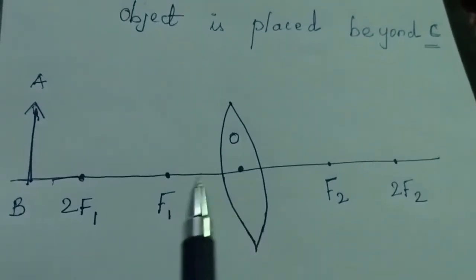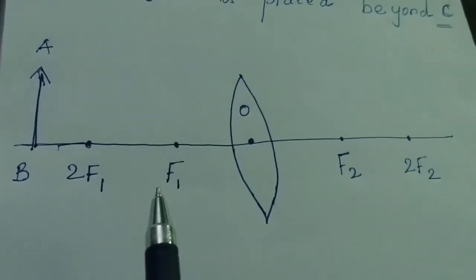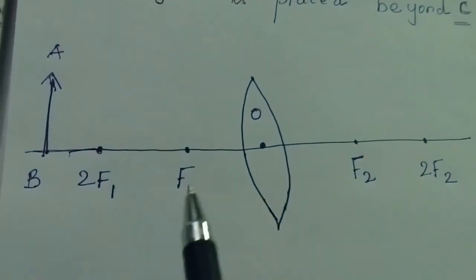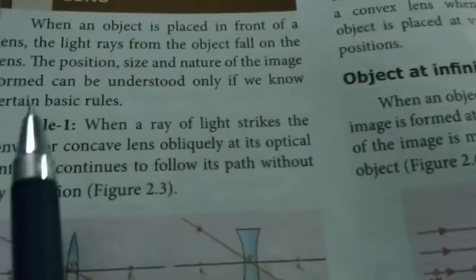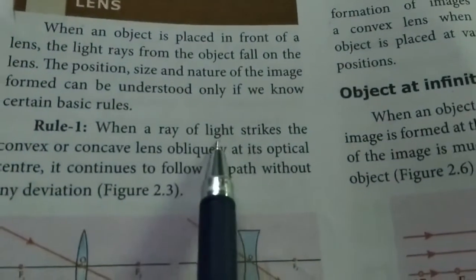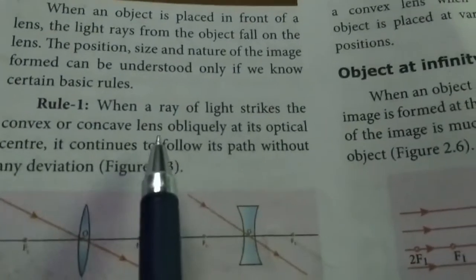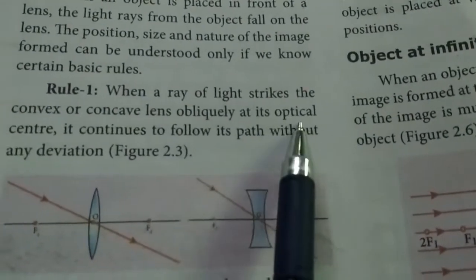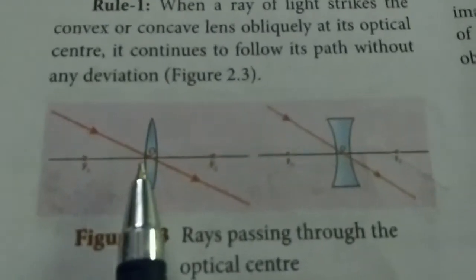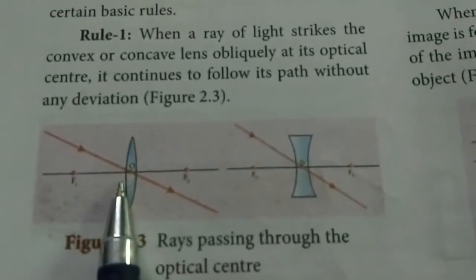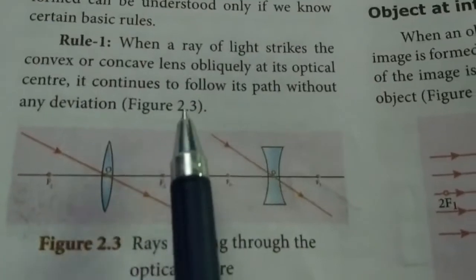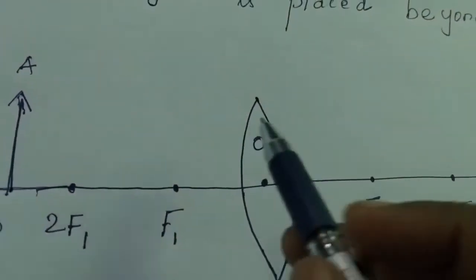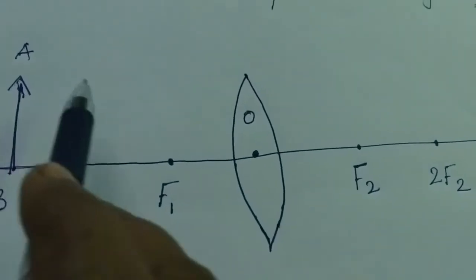For the object, we have to follow two rules. First rule: when a ray of light strikes the convex or concave lens obliquely at its optical center, see here, this is the optical center, it continues to follow its path without any deviation. So by using two rules, first rule, we are going to draw a straight line.